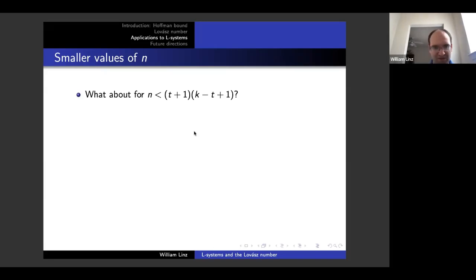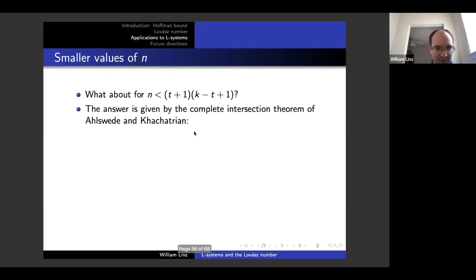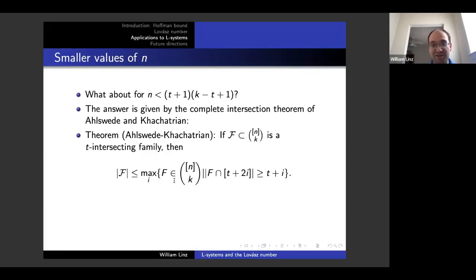Well, you can do the same thing. You can define the same T-Kneser graph, and again, independent sets in that T-Kneser graph are equivalent to T-intersecting families. The answer for the maximum size of an intersecting family was given by the complete intersection theorem of Ahlswede and Khachatrian. There's a whole collection of different families that are possible.